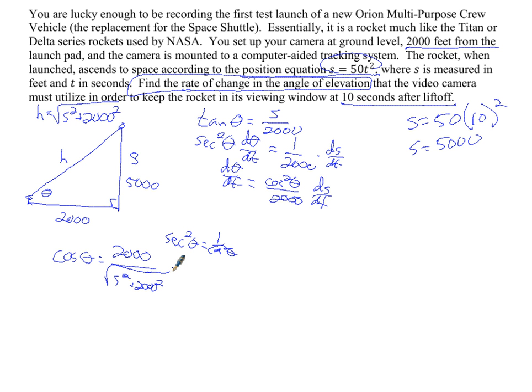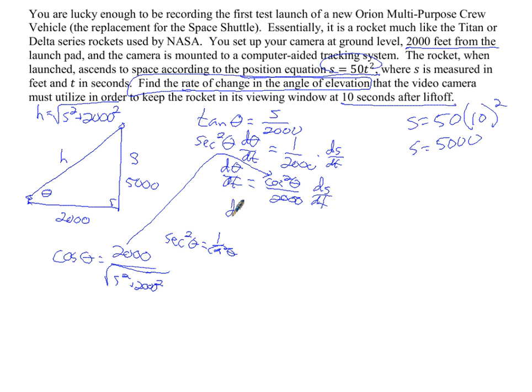So if I have cosine as this, and over here I have d theta over dt equals cosine squared theta over 2,000 times ds over dt, I can take this result and substitute it in right there. And now we don't have to deal with trigonometry here. We're all down to just letters and numbers without trig functions.